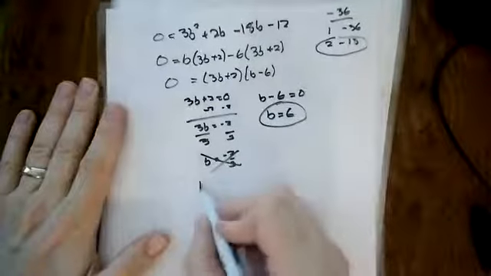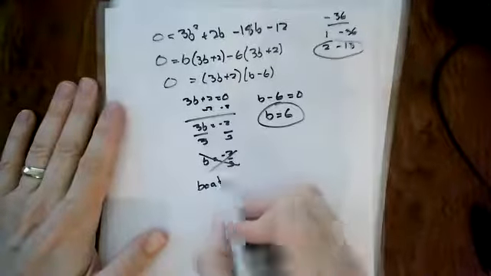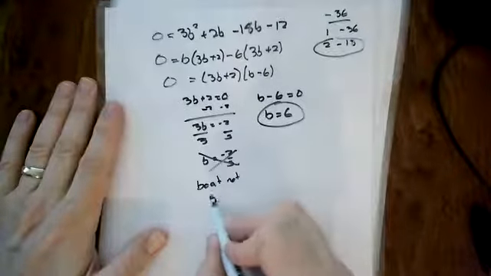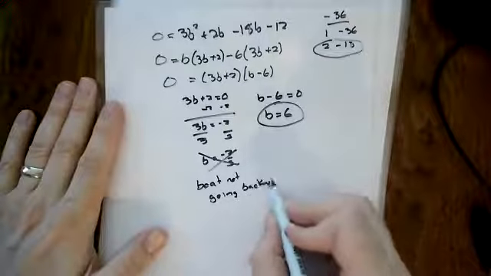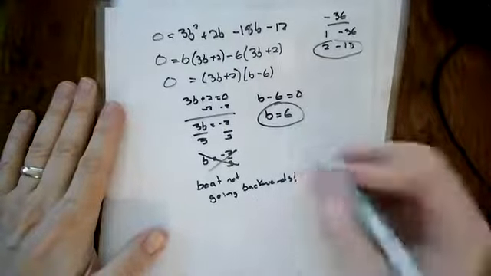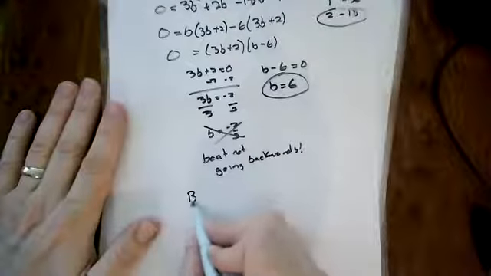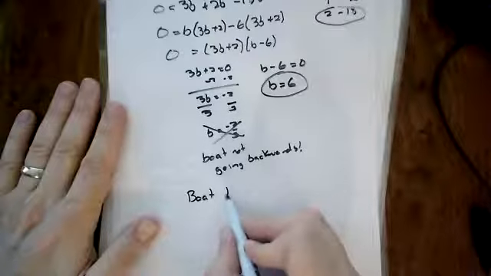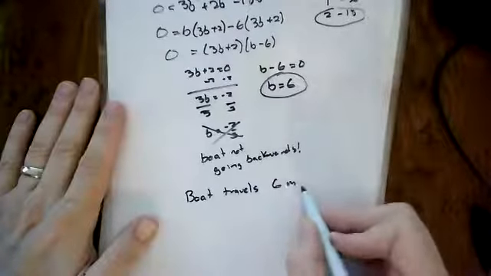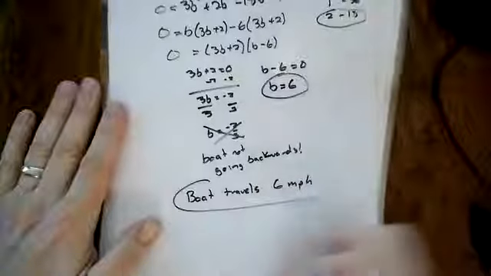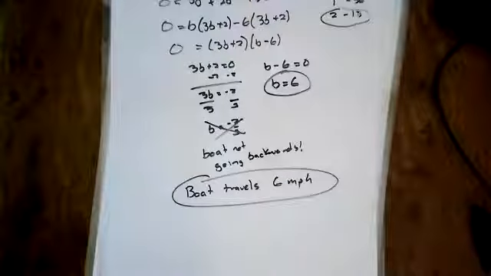So our boat isn't traveling backwards. So I'll say that our boat travels 6 miles per hour. All right, that's what we've got for this question.